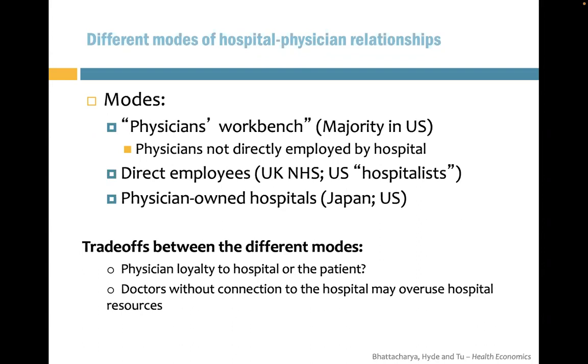So for example, physicians' loyalty to the hospital or to the patients is a trade-off. If they are more loyal to the hospitals, they probably want to make more money for the hospital. If they are loyal to the patient, then they probably will try to maximize the patient's health and to minimize the patient's cost. Doctors without connection to the hospital may overuse the hospital resources because those are free.